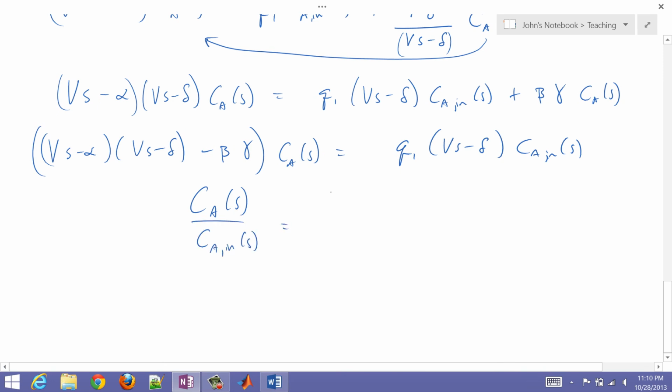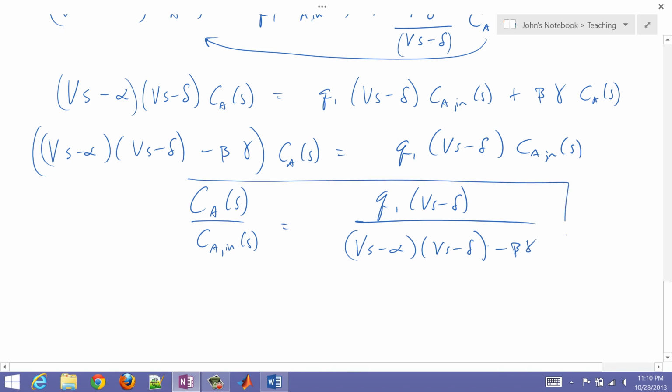CA of S over CA in of S equals Q1 VS minus delta divided by VS minus alpha, VS minus delta, minus beta gamma. So I have my overall expression, my transfer function between CA and CA in.